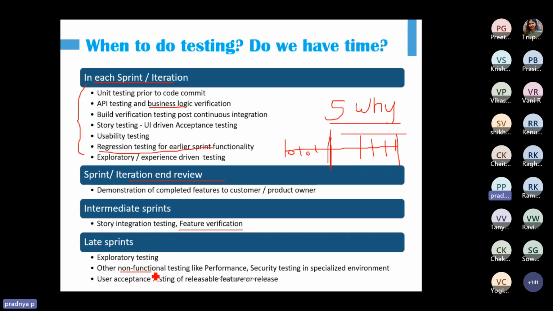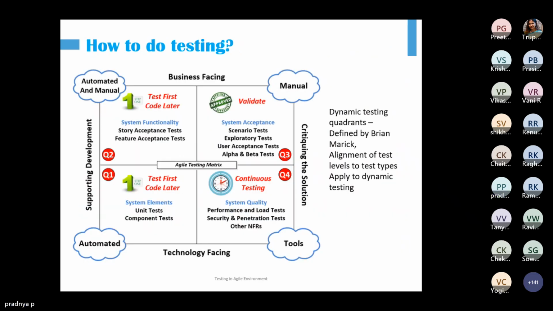So towards the late sprints, more focus on non-functional testing needs to be provided on top of what we are already doing. And obviously, throughout all these phases, we will be doing regression testing, because we cannot afford to have a failure in something that is already shown or deployed to the customer, right?